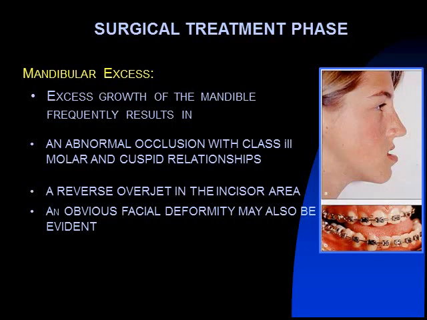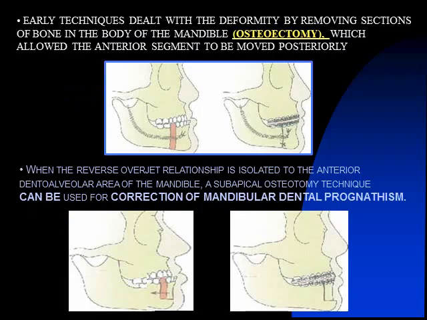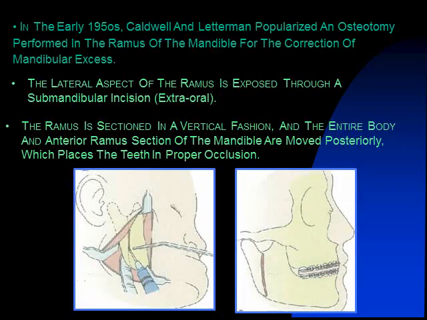We are going to discuss some surgical treatment phases, like in mandibular excess, mandibular excess in class 3 relationship. Different approaches range from osteectomy to subapical osteotomy and correction of local areas.